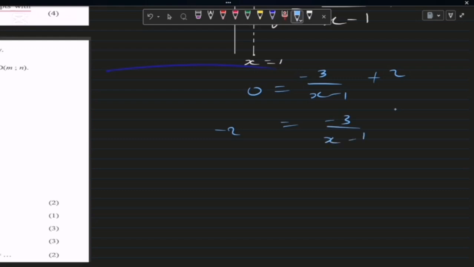-2 equals -3 over x minus 1, and then we cross multiply. So we get -2 times x minus 1, and then -3 times 1, which will just be -3.